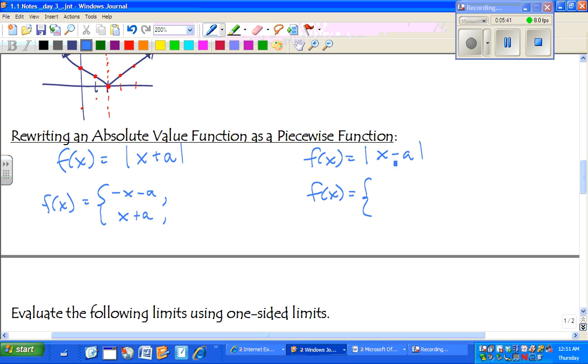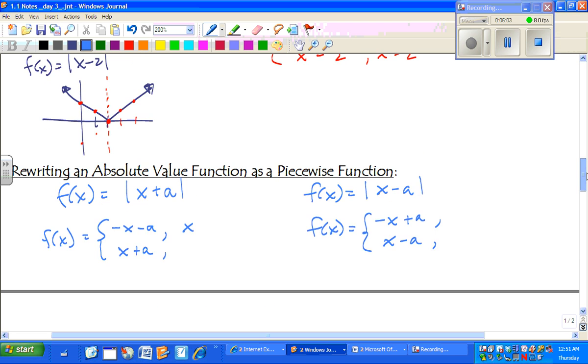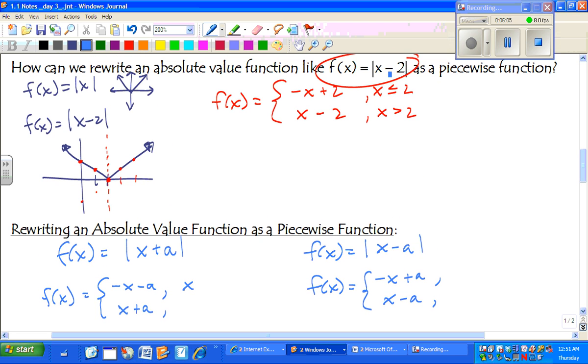So in this case, opposite of what's inside there would be negative x plus a. On the right side, it's exactly how it is. x minus a. And for this, let's look back at this one. Right, we had x minus 2, our value here was 2.